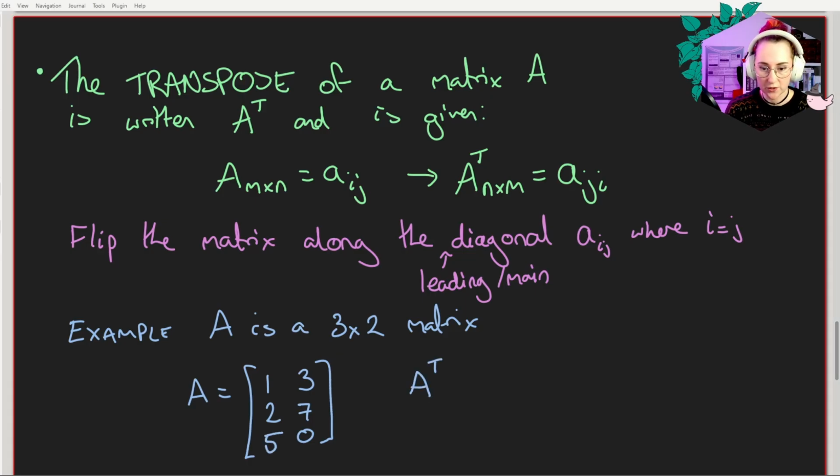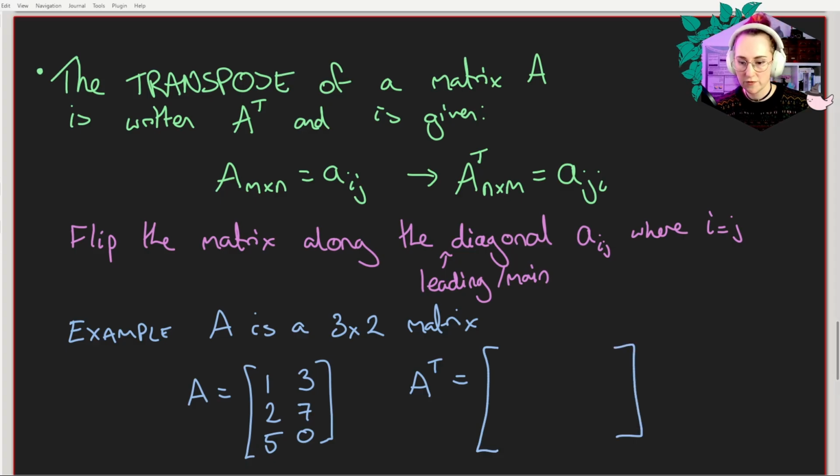Then A transpose is, because we're flipping along the diagonal, our main diagonal here are the entries a_11, a_22, which are these here. Now, it's a 3 by 2 matrix.